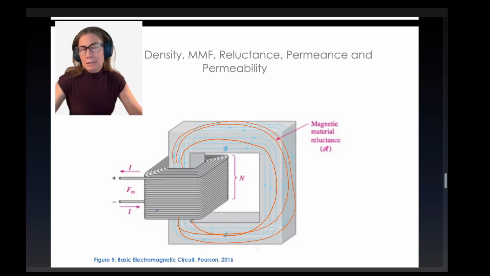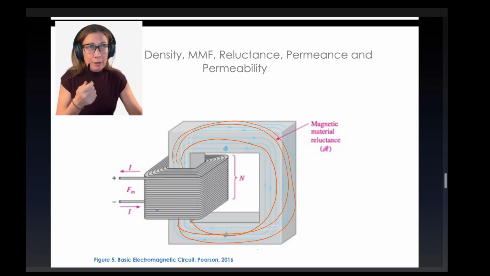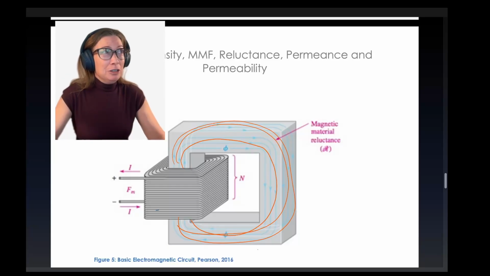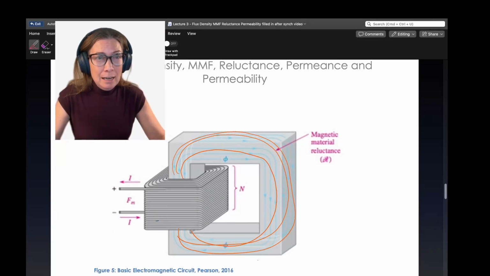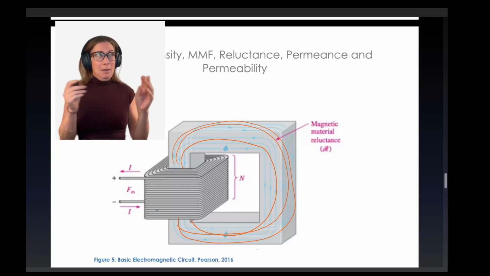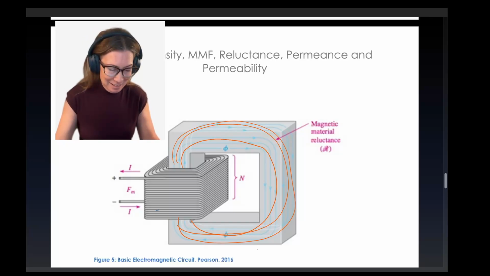We know so much about magnetism so far, and I'm going to look at this circuit that we have. Now we have a magnetic circuit. We've talked a lot about the fact that we have coils of wire, and if there's current going through those coils of wire, then we have the ability to induce a magnetomotive force inside these coils of wire.